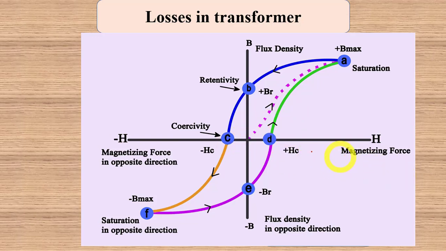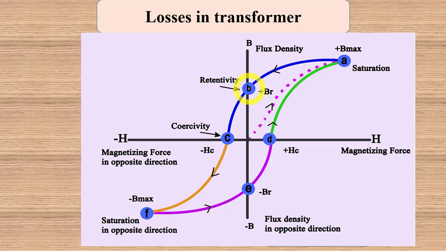When the magnetizing force is increased from 0 in the positive direction, it will follow the path from 0 to A. But when we gradually decrease the magnetizing force, it will not reverse and follow the path A to 0; instead it will follow the path A to B. At the point B, the magnetizing force is 0, but still some magnetic flux is present in the material. This point is known as the retentivity of that material.